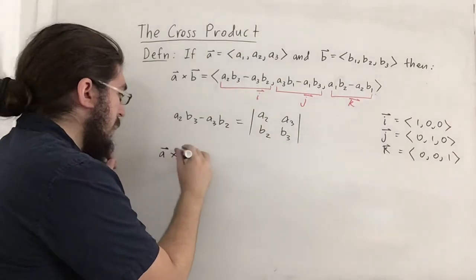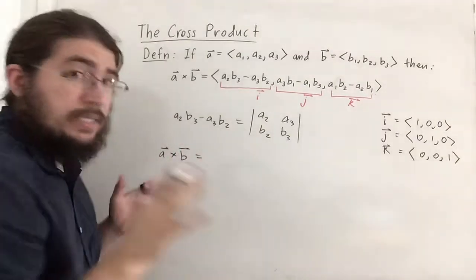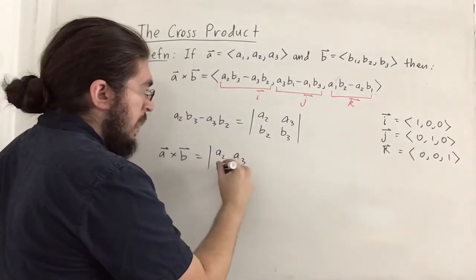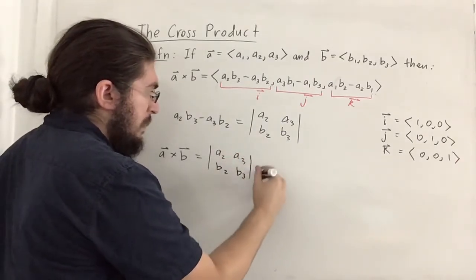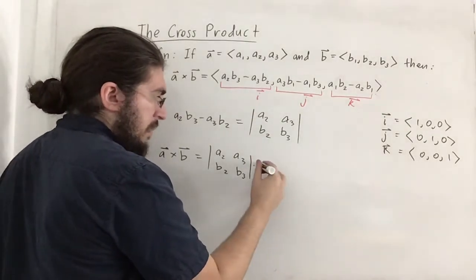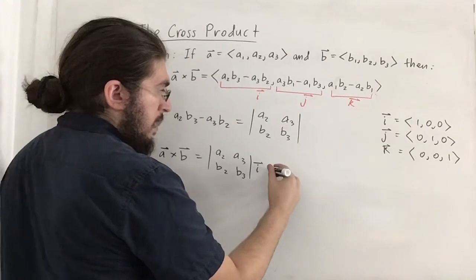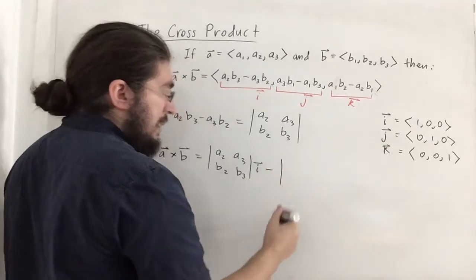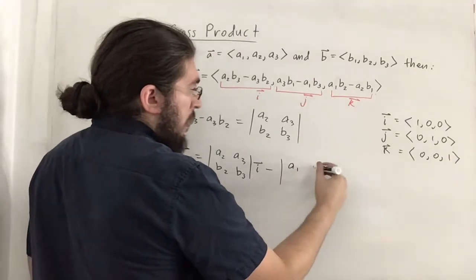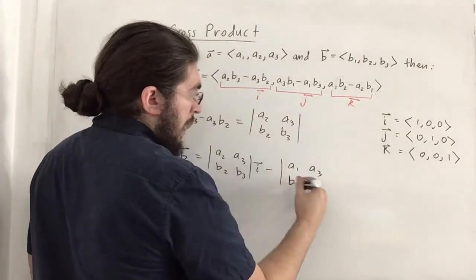Let's write the cross product A cross B as the following. The determinant of A2, A3, B2, B3 times the vector i. It looks kind of funny because we have a dot then a hat, but that's okay. Then we have minus, and you'll see why in a second, the determinant of A1, A3, B1, B3.